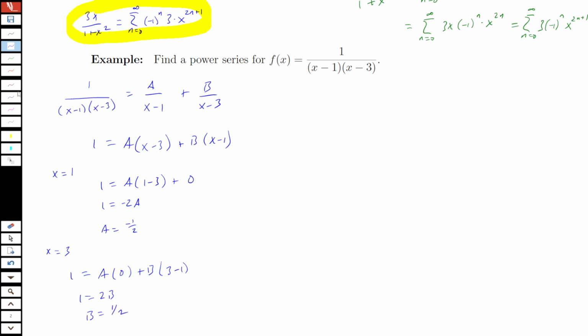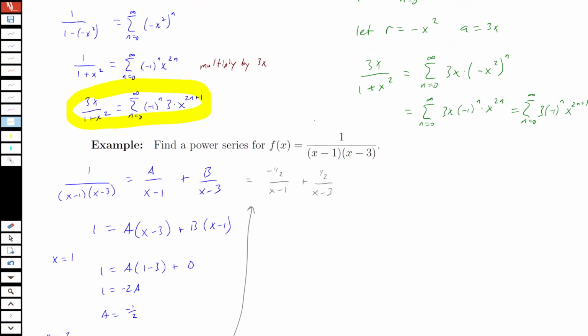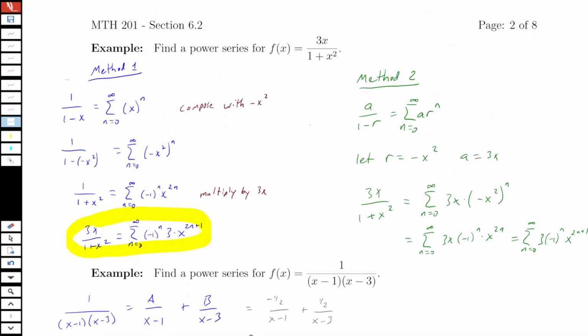Okay, so I can see now that this is equal to a negative 1/2 over x minus 1 plus a positive 1/2 over x minus 3. Okay, now what I want to do is for each one of these individually, I want to find a power series, and then we'll add them together. And we're going to do something similar to what we did up here.